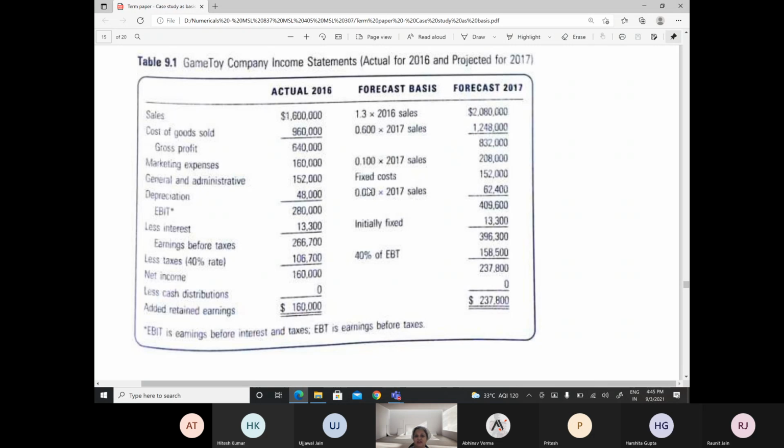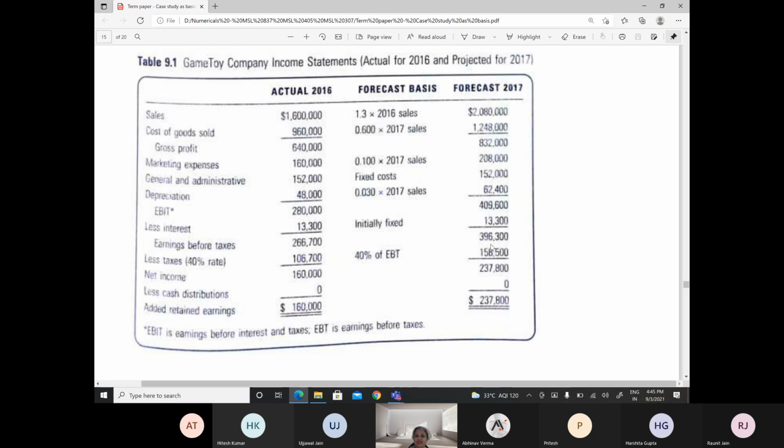General and admin has been given that they are fixed, so they remain constant at 152,000. Depreciation, because we have increased capacity, has also increased at the same level of 30%, so it has moved from 48,000 to 62,400. EBIT is 409,600. Less interest, that has already been fixed. We have not added any debt or anything, so this is fixed.